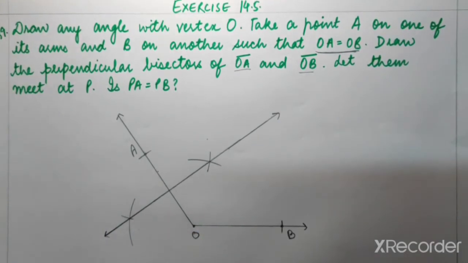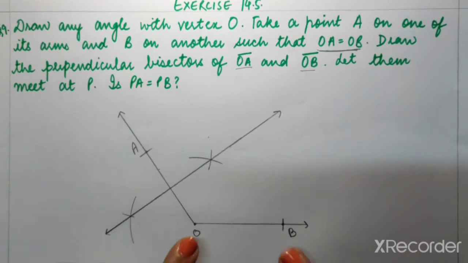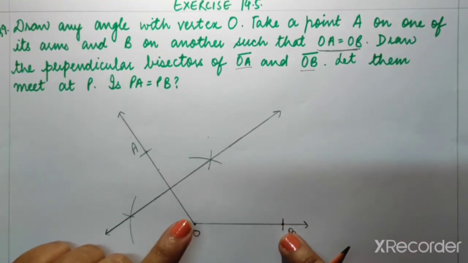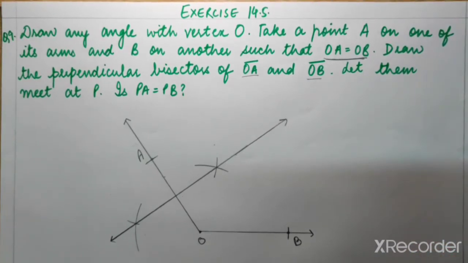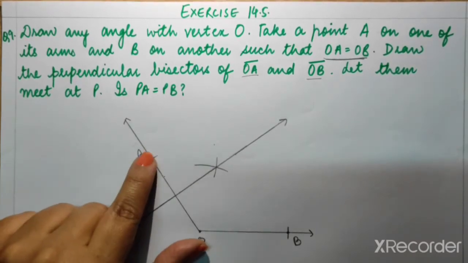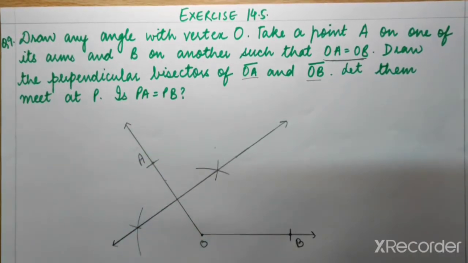Next I have to draw the perpendicular bisector of this line segment OB. Students, it is advisable, because somewhere we have seen that people draw all the arcs for the bisector of OA and for OB, and then try to join the lines for the perpendicular bisectors, and it creates a mess.